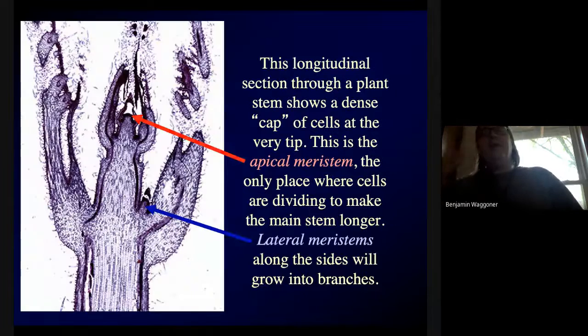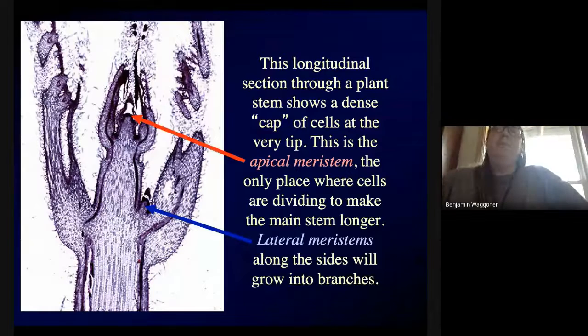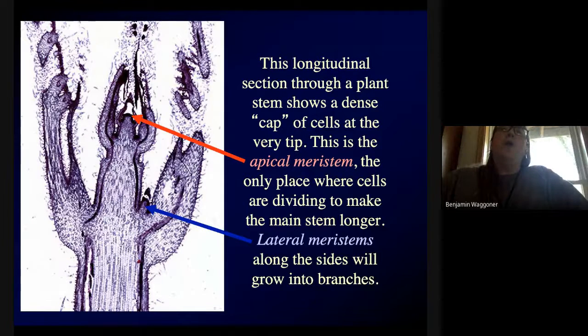What's been done there is that's a plant stem that's been sliced down the middle. That's what longitudinal section means. It's been sliced right down the center. And those things that look like arms reaching up are leaves branching off the stem. And then right at the very tip, there is a little cap of cells called an apical meristem.